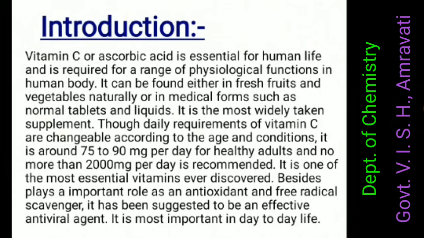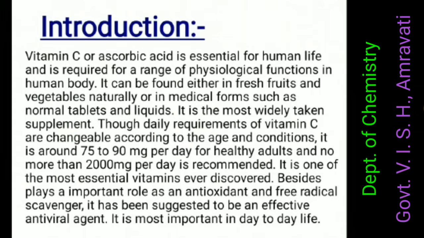So the introduction is that vitamin C, that is also called ascorbic acid, is essential for human life and is required for a range of physiological functions in the human body. It can be found either naturally in fresh fruits and vegetables or in medical forms such as tablets and liquids.